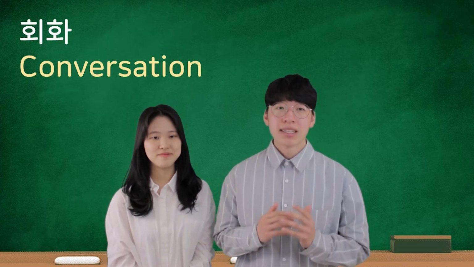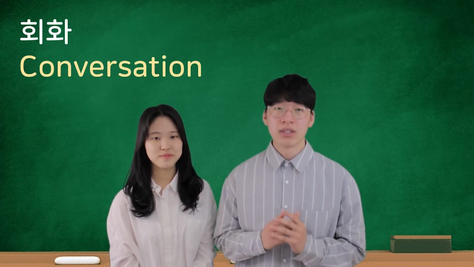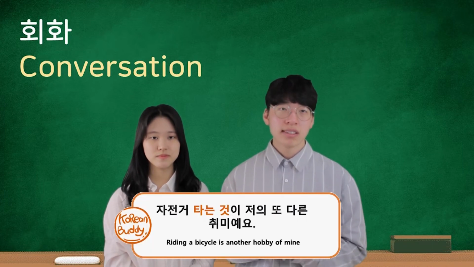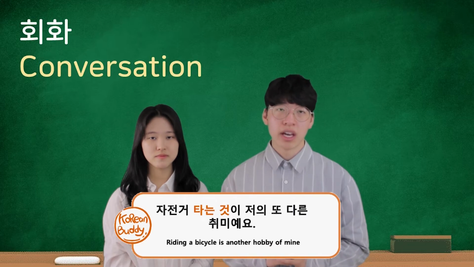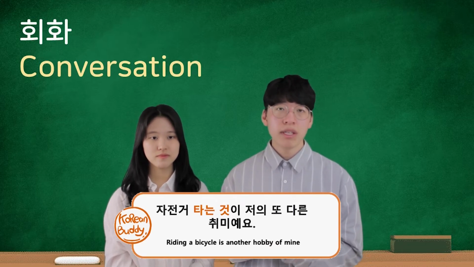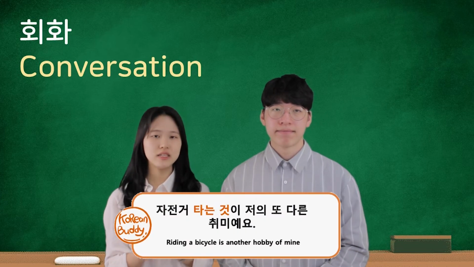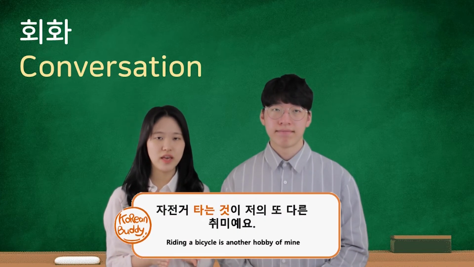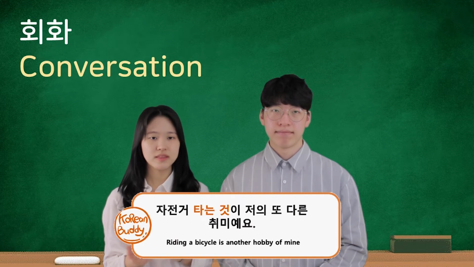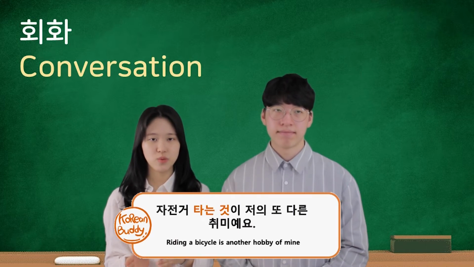From the verb 타다, 다 is removed and 는 것 is used. So it becomes 타는 것. Okay, please repeat after me. 자전거 타는 것이 저의 또 다른 취미예요.